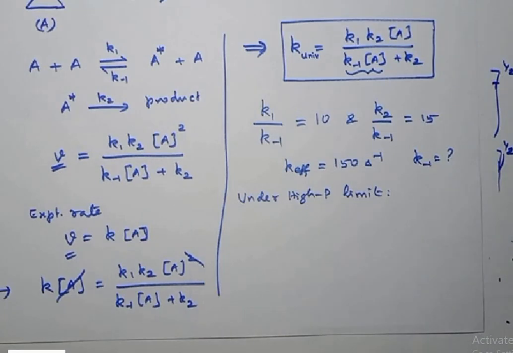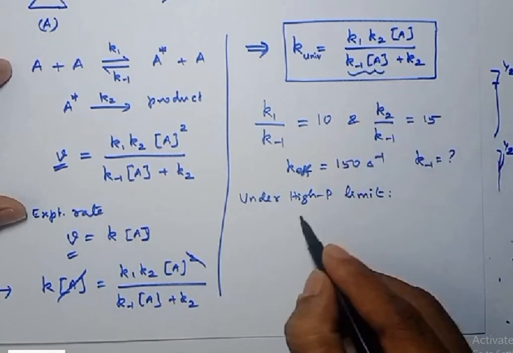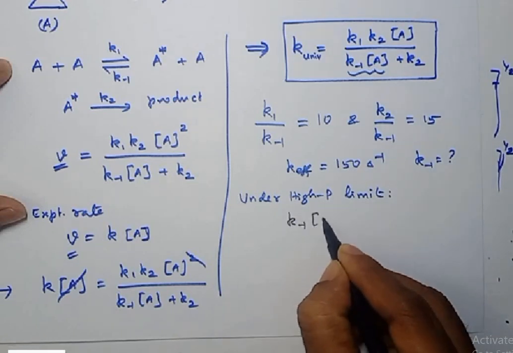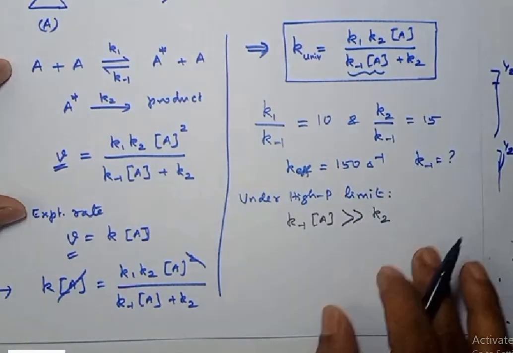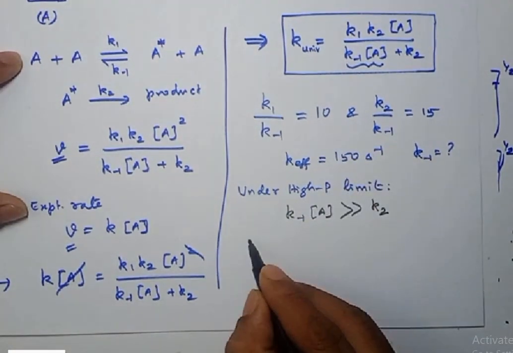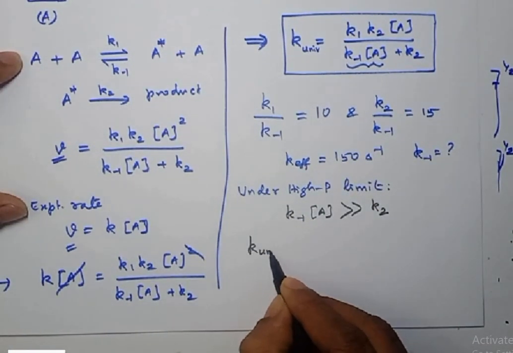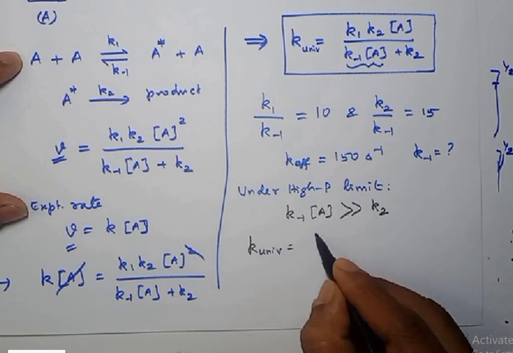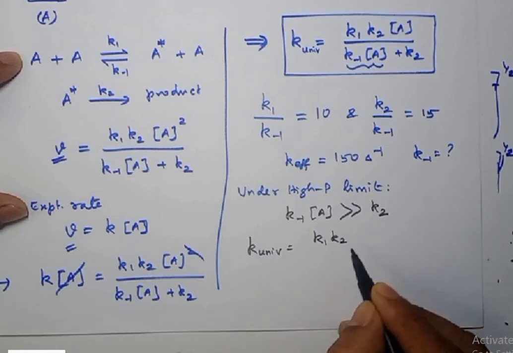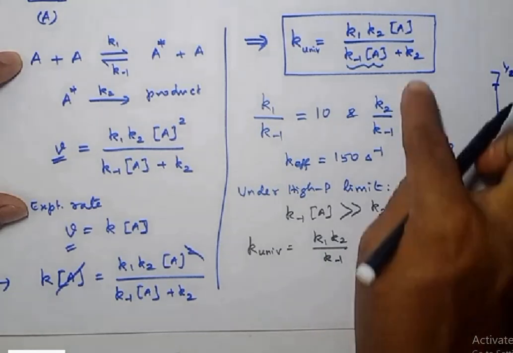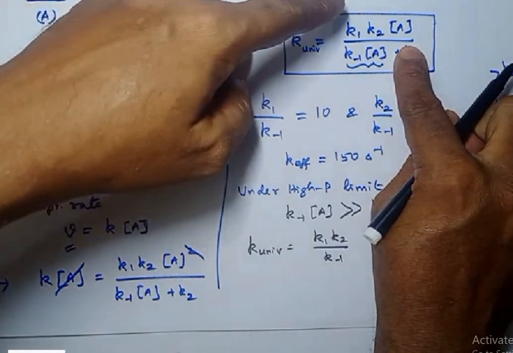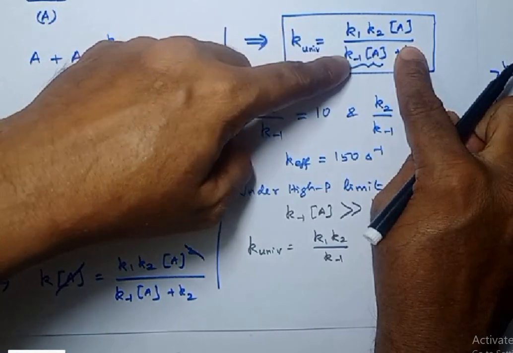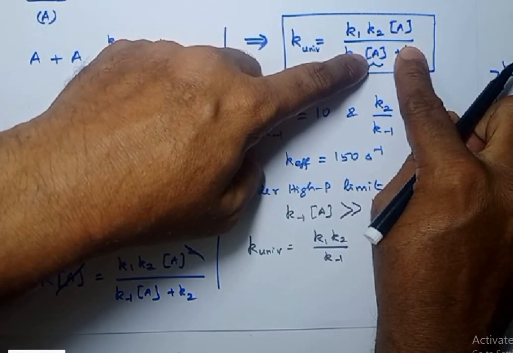Therefore, the unimolecular rate constant is equal to K1 K2 / K-1. Since K2 is negligible in the denominator, you will get K1 K2 [A] / (K-1 [A]), and the [A] cancels.